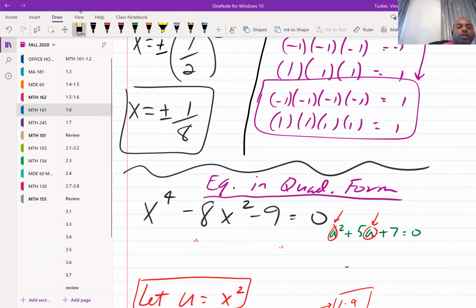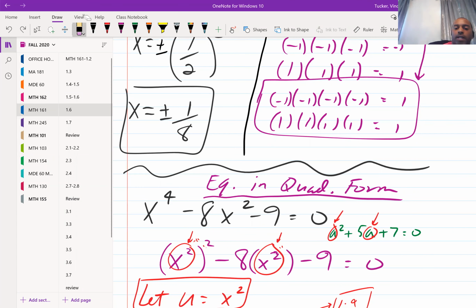So what we notice here is that we have x squared right here, and then x to the fourth is x squared squared. And so that's what I emphasized right here. We have x squared, and then we have x squared squared.